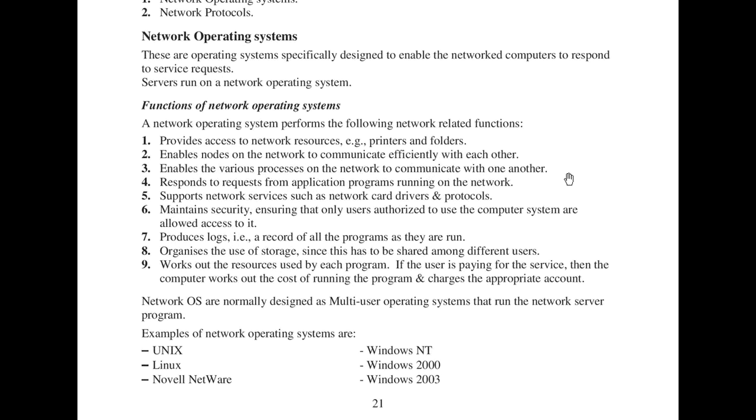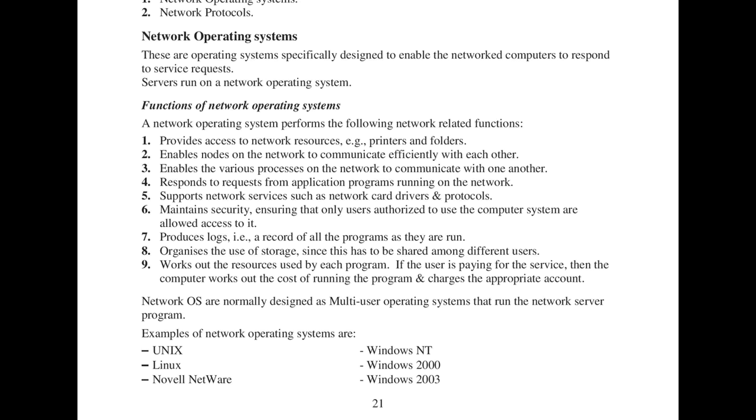It provides access to network resources, e.g. printers, enables nodes or terminals on the network to communicate efficiently, enables various processes on the network to communicate with one another. It also responds to requests from application programs running on the network. It also produces logs, that is, it keeps files of the activities that take place. Also it maintains security. It provides the user level and the share level. We shall see them later on.